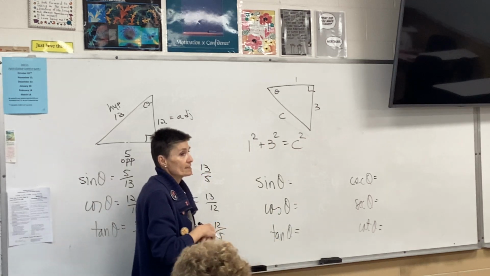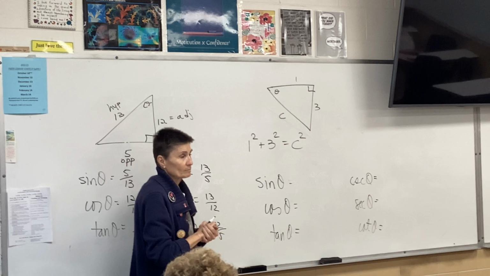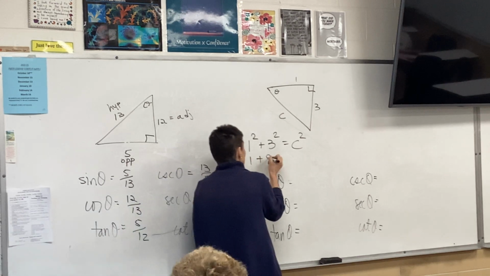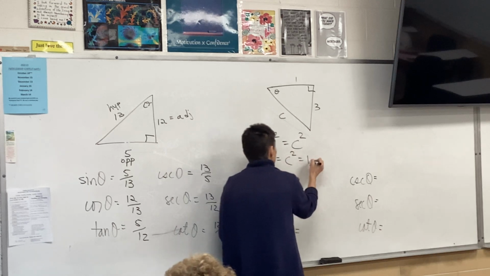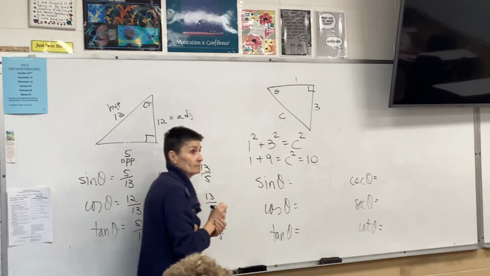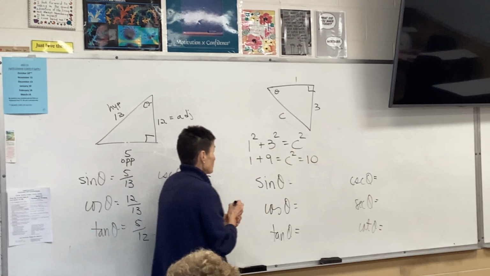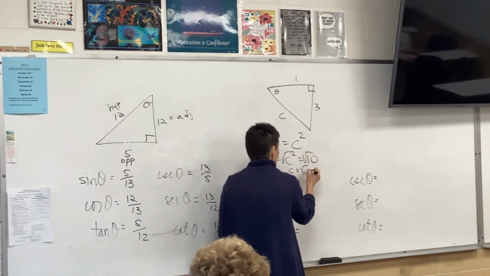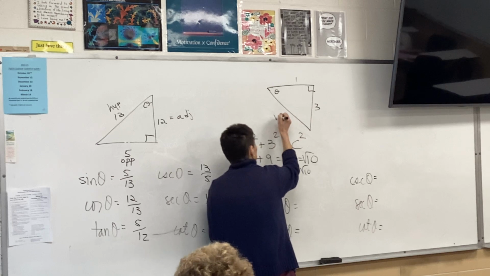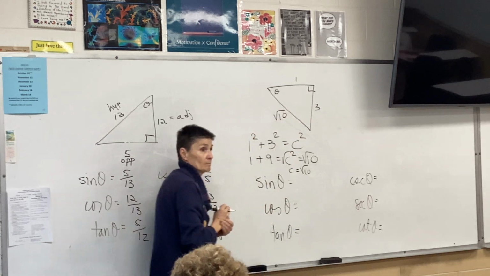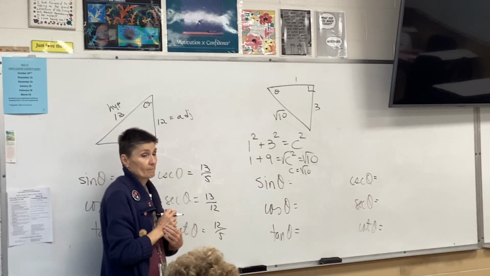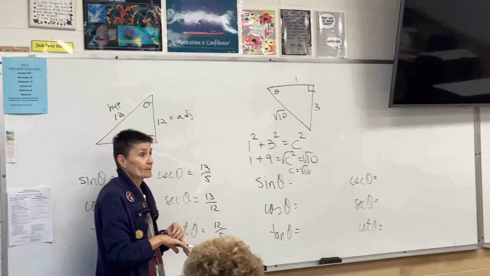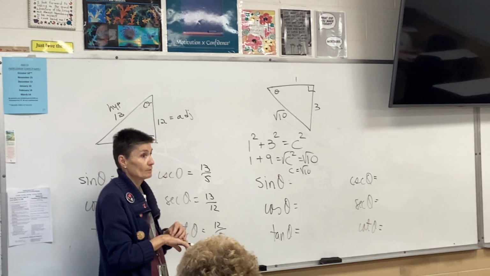Remember, C is the hypotenuse in the Pythagorean Theorem. So 1 plus 9 is C squared. C squared is 10, which means C is the square root of 10. Everybody okay with that? Nice.